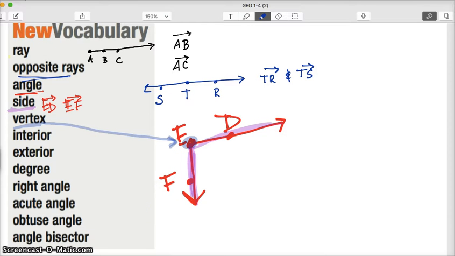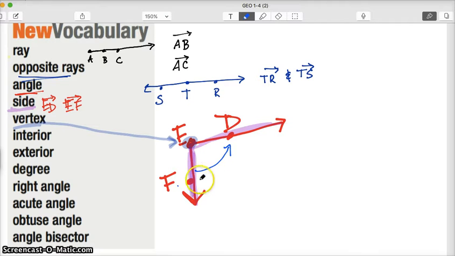Now when we talk about angles, we've got this idea that we can have an insideness of an angle and an outsideness of an angle. So if I'm considering this angle, I'm considering this section right here, I'm considering all this in terms of the angle.